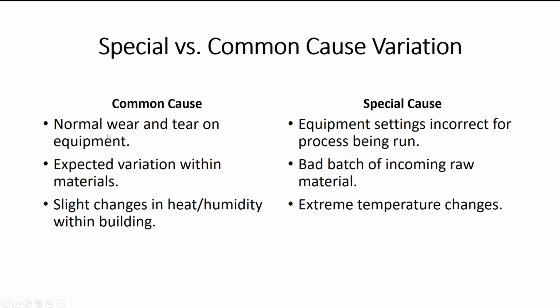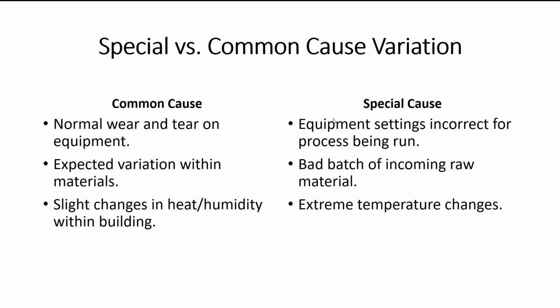So examples, common cause, we see wear and tear on equipment, expected variation within materials, slight changes in heat or humidity within a building. Special causes, things like equipment being set up improperly, being set up for the wrong product, a bad batch of material. So not just normal variation.